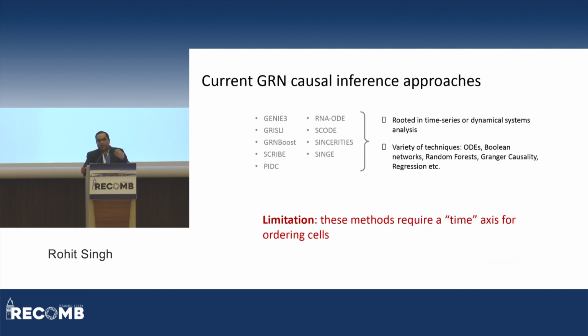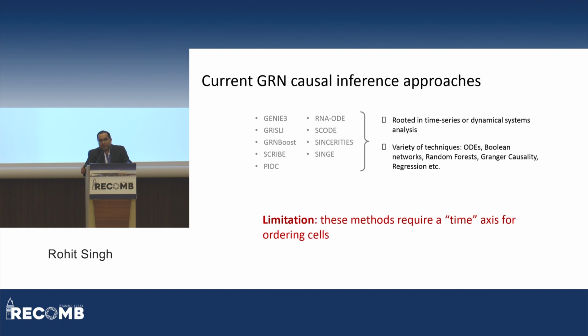So if you look at the methods that currently exist for inferring this causal connection, and there's a whole host of them, they are very diverse in some ways. There are methods that look at random forest, methods that look at regression, methods that look at, for example, a dynamical differential equation type setup.